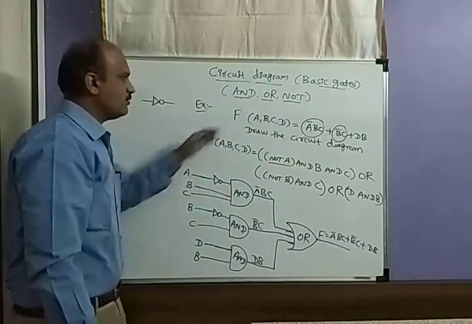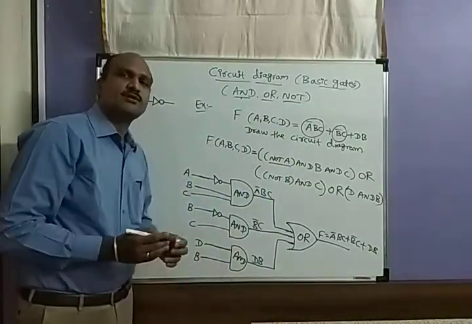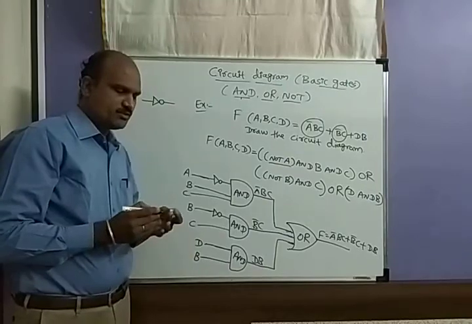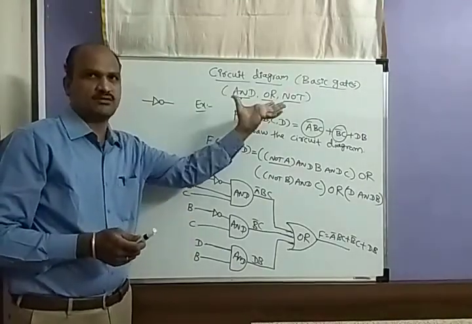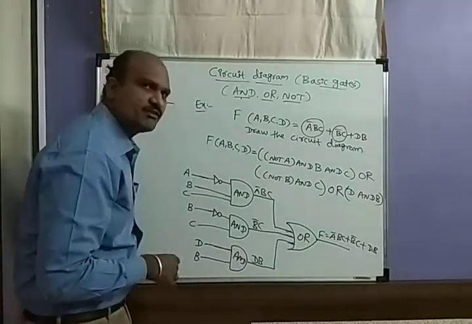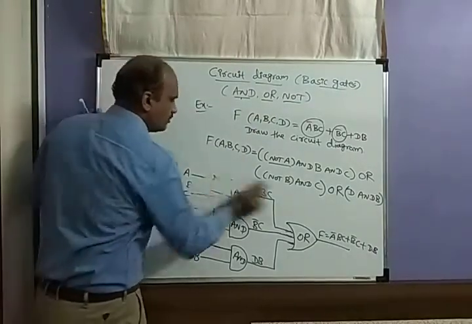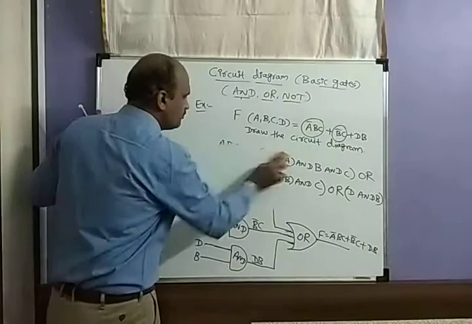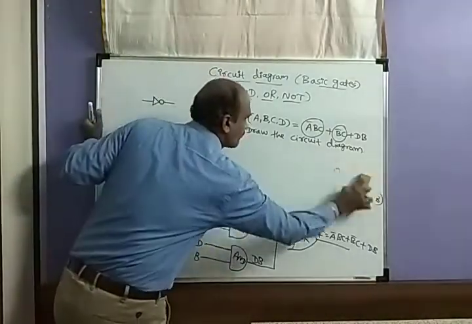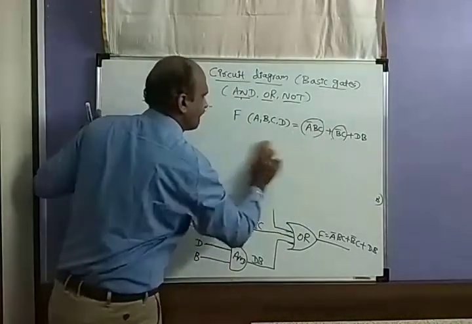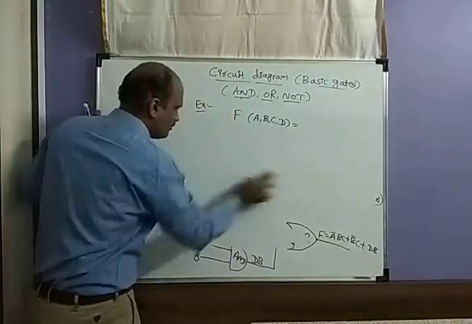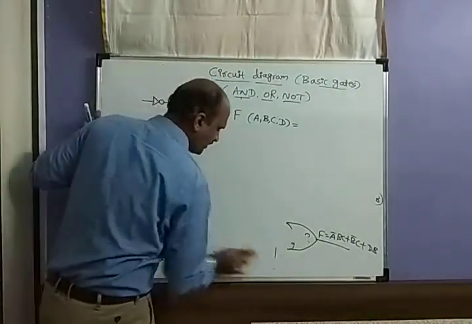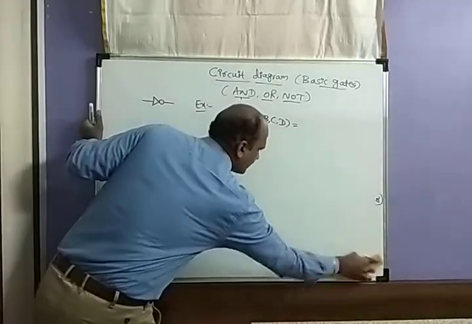Okay. This is how you have to write the circuit diagram from a Boolean expression with the basic gates, that is AND, OR, NOT. Okay. If it is reversed, we will take another simple example. Now the OR gate you take in between, and the AND gate is common.